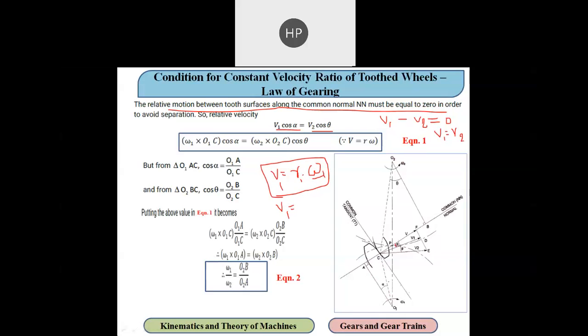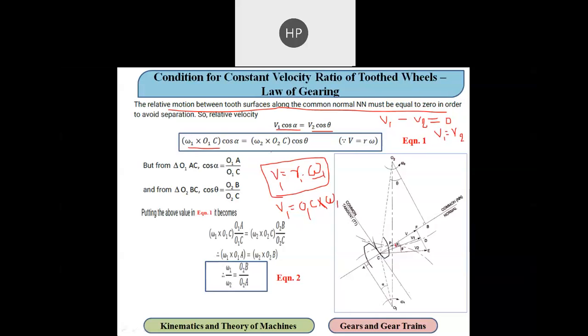That is O1C. Radius here means up to the touching point, because we are taking the velocity at the touching point. So that's why it is O1C into omega 1. We put this value over here, omega 1 into O1C.